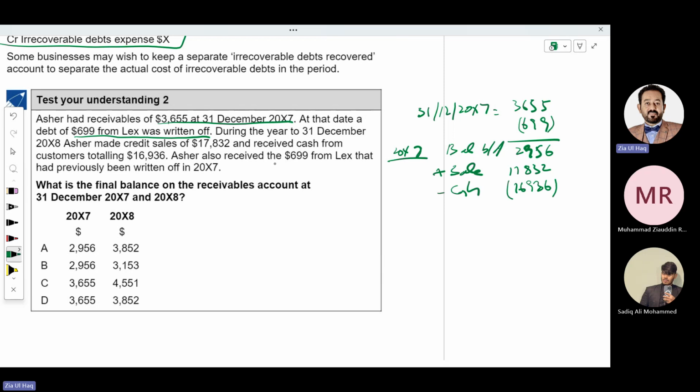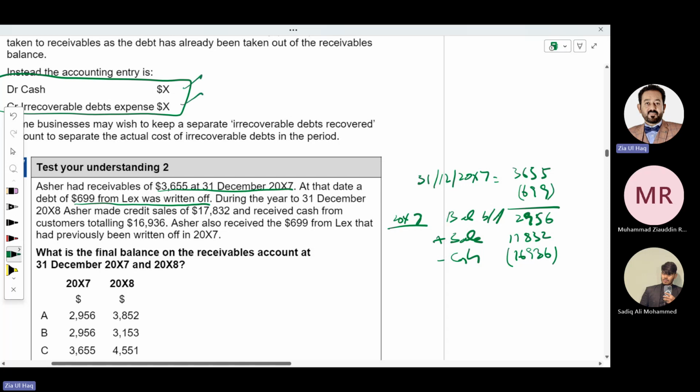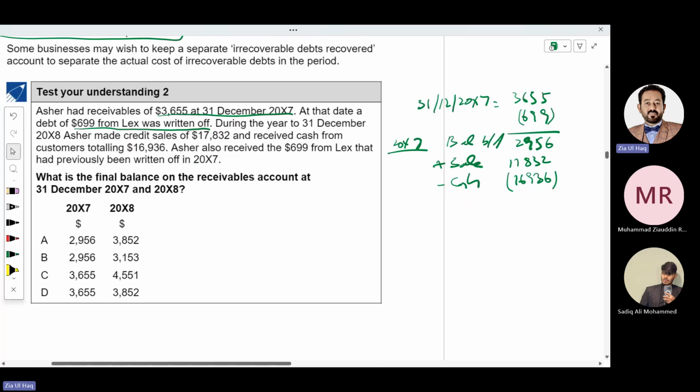Fisher also received the 699 from Lakhs that had previously been written off. And if previously any amount was written off, the accounting entry was irrecoverable debt debit, receivable credit. Now the accounting entry will be cash debit, irrecoverable debt credit, meaning there will be no effect on the receivable.